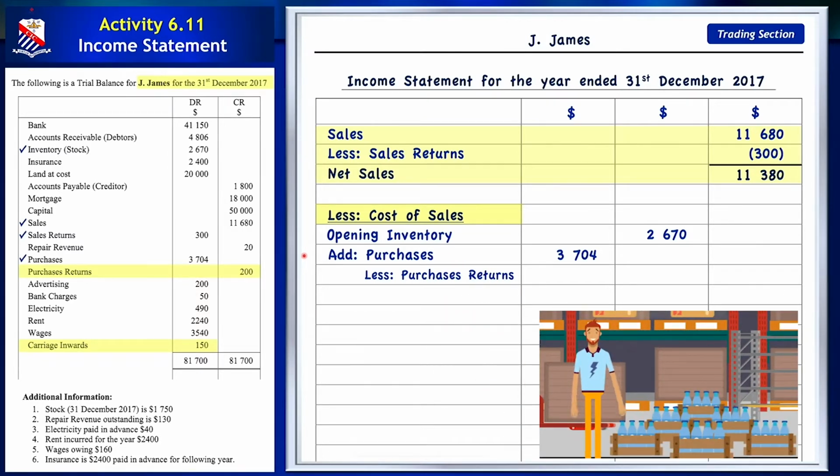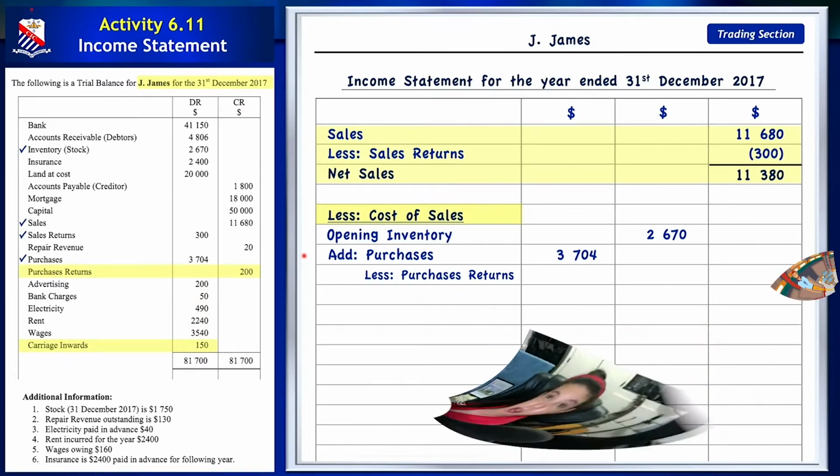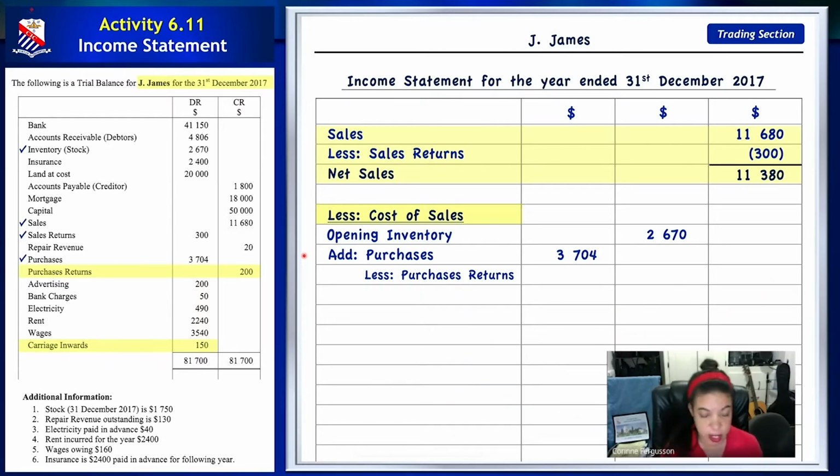Purchases returns would be that you have returned those purchases for whatever reason, whether it was damaged or wrong order or whatever it is. So you have to subtract it from your purchases figure. So how much was your purchases returns? You would see here it was 200. So you're going to put it underneath in the first column, and the brackets signify that you're going to minus it or subtract it.